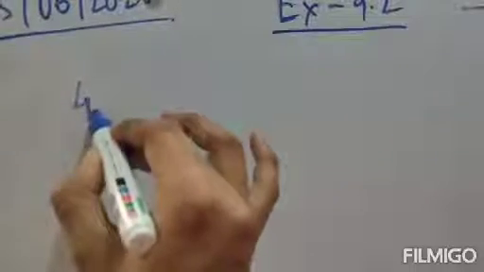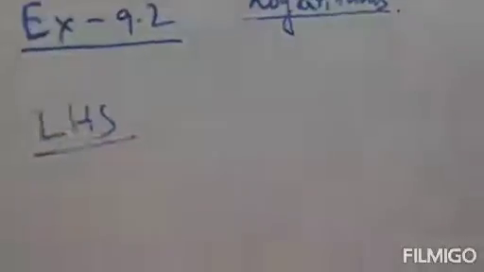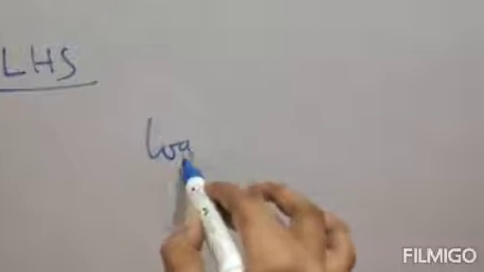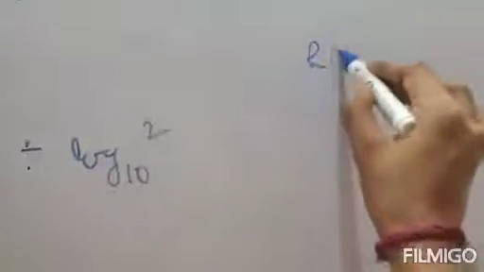So questions 3 and 4.3 are solved. Next, come to question 4.1. Here we have to prove log base 10 of 4 minus log base 10 of 2 equals log base 3 of 9. Clear? So just write the left hand side. Left hand side is log base 10 of 4 minus log base 10 of 2, and the right hand side is log base 3 of 9.